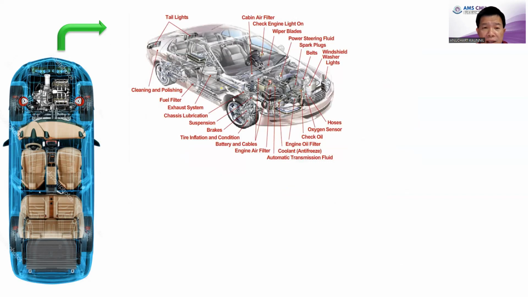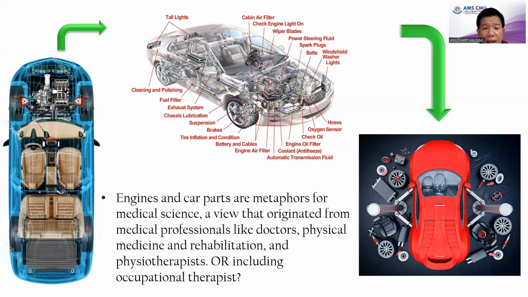The parts of the car engine look like body function, body structure, organs in a human being. There are many systems: oxygen sensor, warning light, spark plugs, power steering fluid, many things here. Right? These are the components or the car parts. Engines and car parts are a metaphor for medical science.